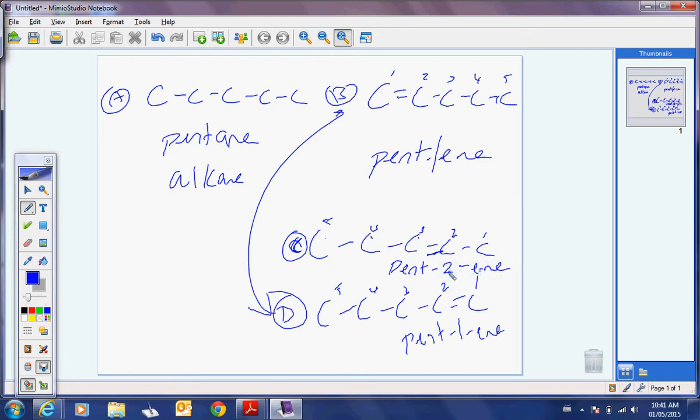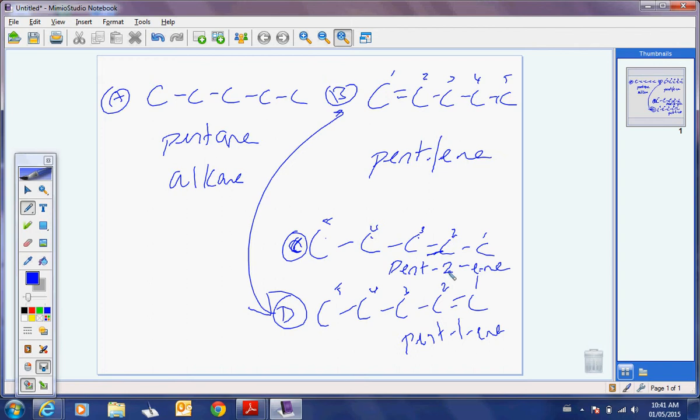So B and C are isomers? C and D are isomers, and B and D are the same. And they are not isomers of that alkane. Isomers apply to alkanes, alkenes.